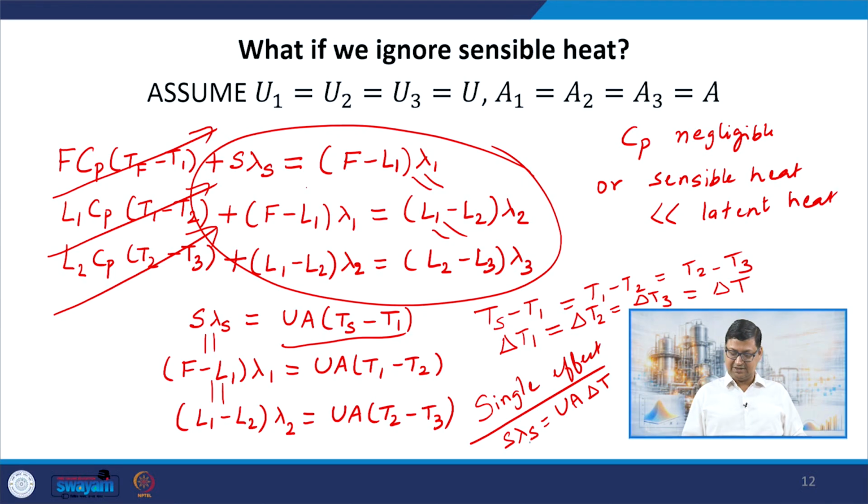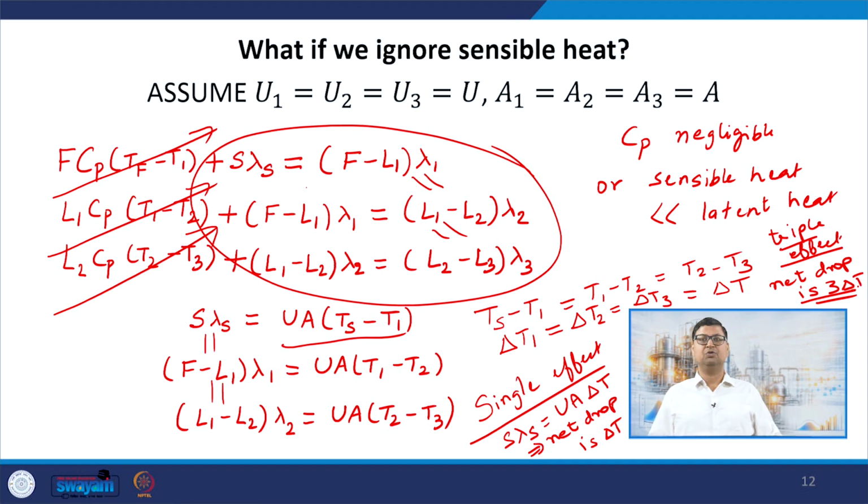So, in a single effect case, the net drop is delta T, but for the triple effect case, the net drop is 3 delta T, right.